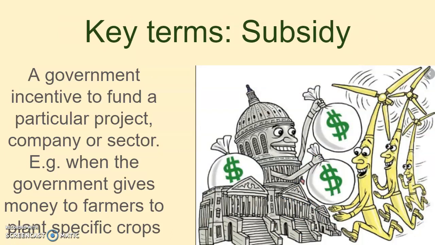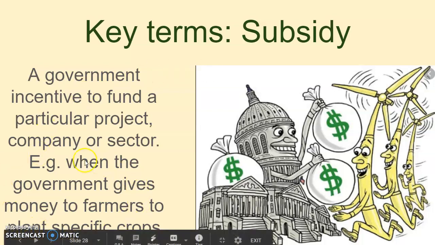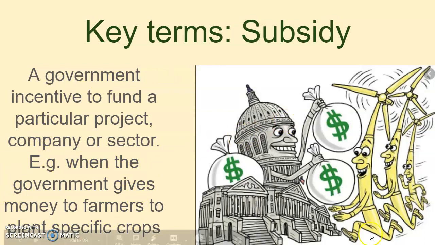Subsidies are government incentives to fund a particular project, company, or sector. Remember when we looked at, I've given you here one example, but I think that you'll remember it better if you look at this picture here.